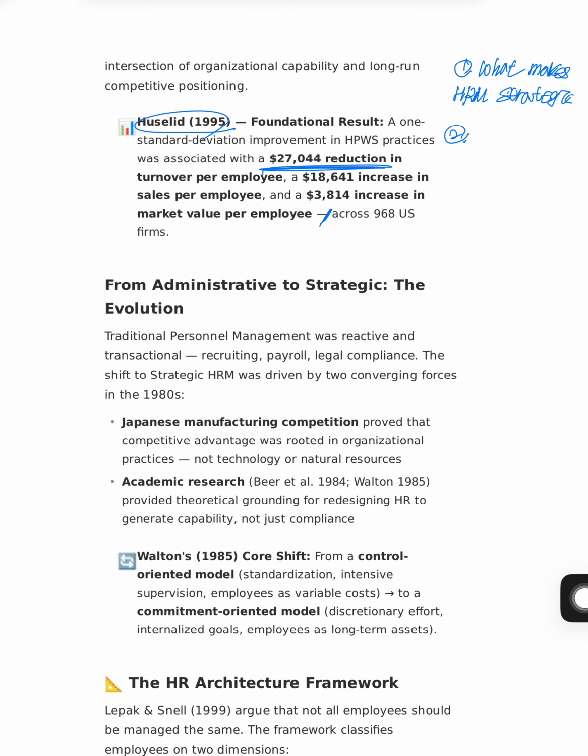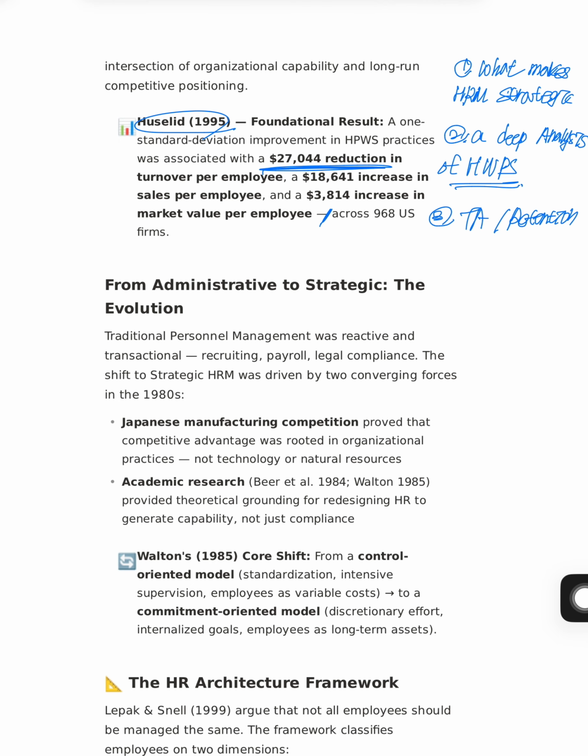Second, we conduct a deep analysis of high performance work systems: what they are, why they work, and what the empirical evidence says about their effects. And third, we examine talent acquisition, TA, and retention as competitive advantage, how firms build and sustain the human capital that underlies their strategic positions.